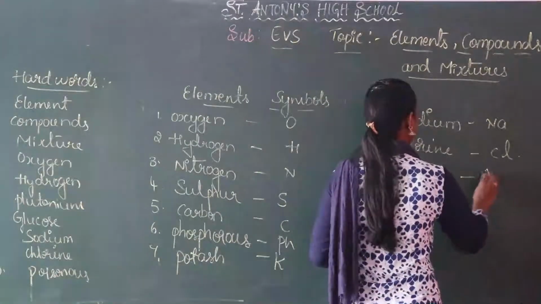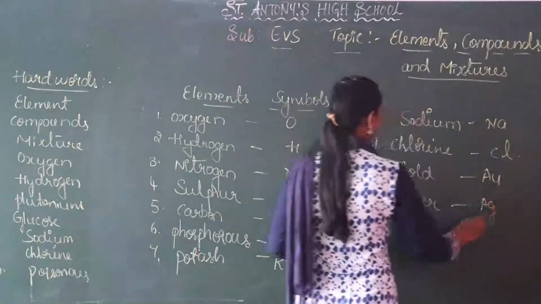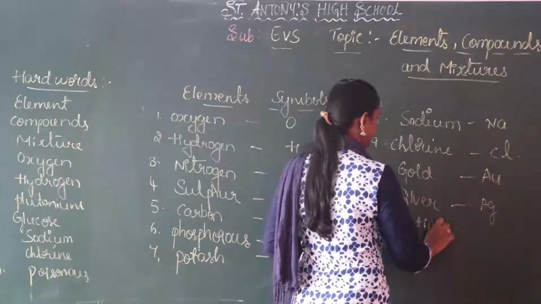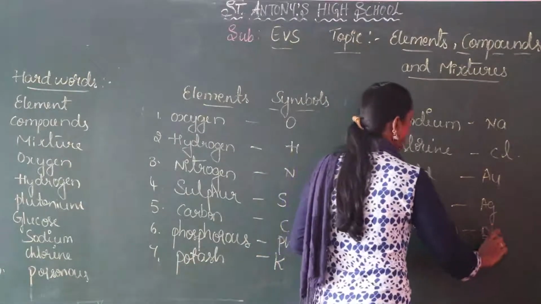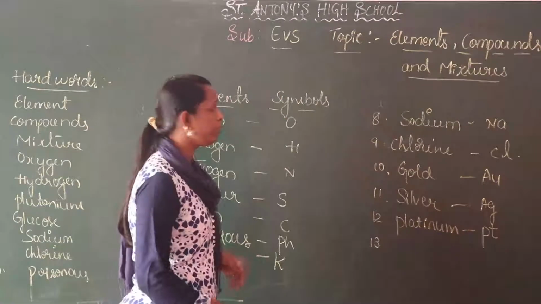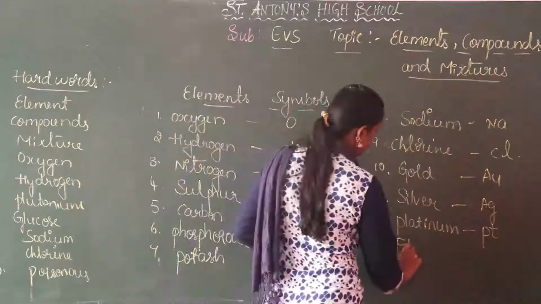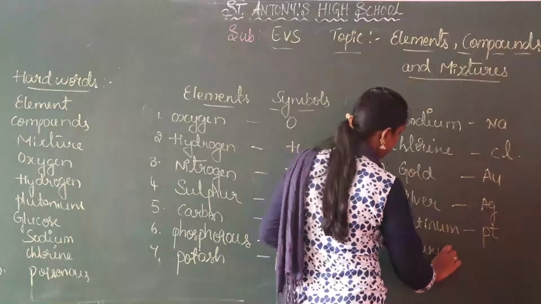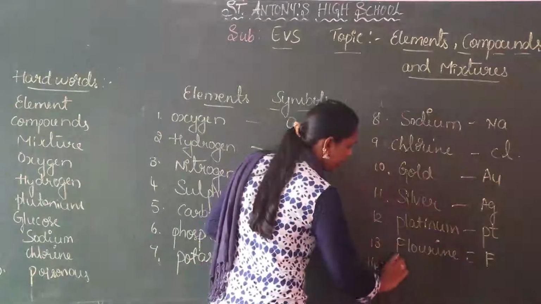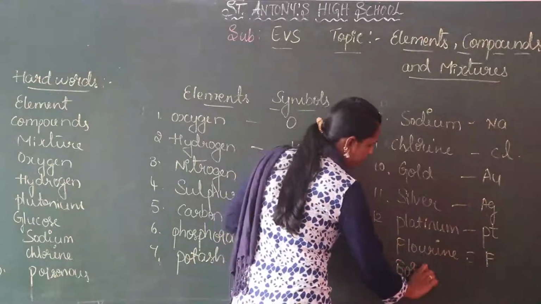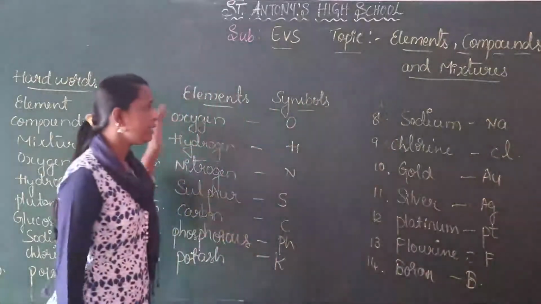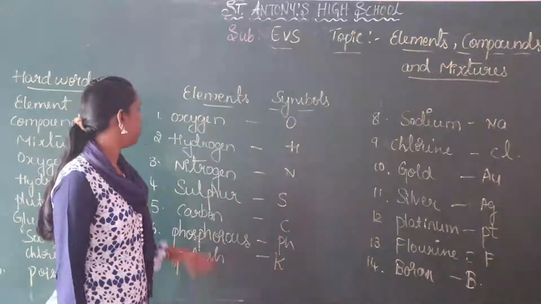Au for gold, Ag for silver. Platinum, Pt. Then you have to write fluorine, F-L-U-O-R-I-N-E. Fluorine, F. Boron, B-O-R-O-N. Boron, B. So these are some of the elements and their symbols.